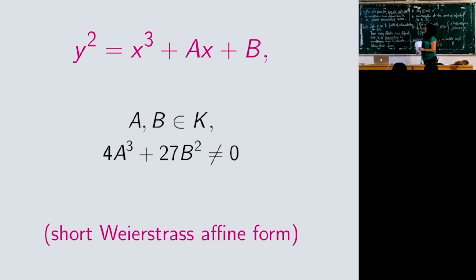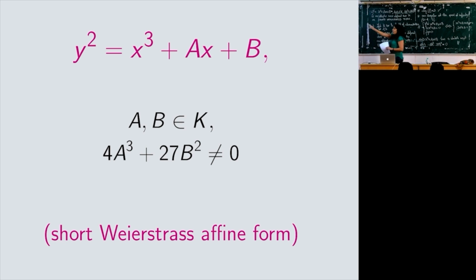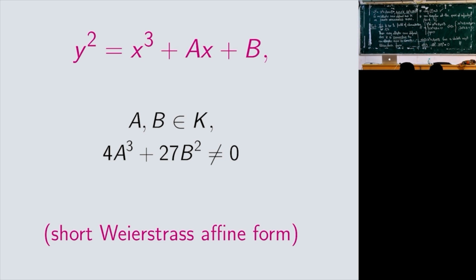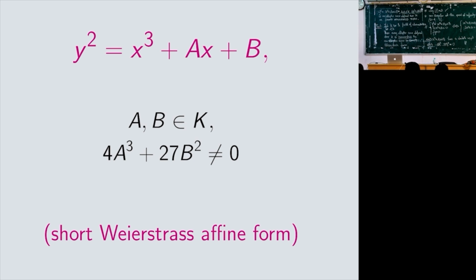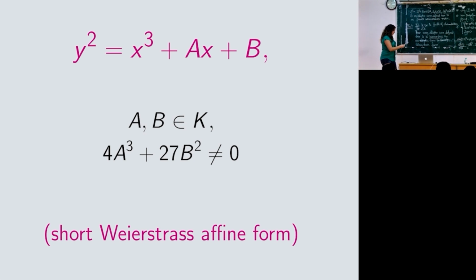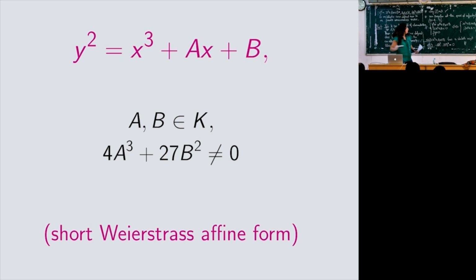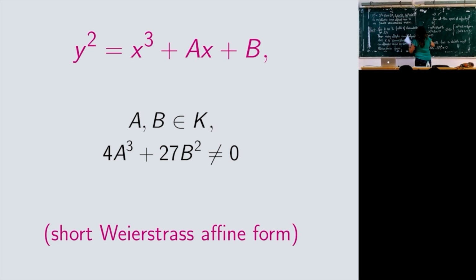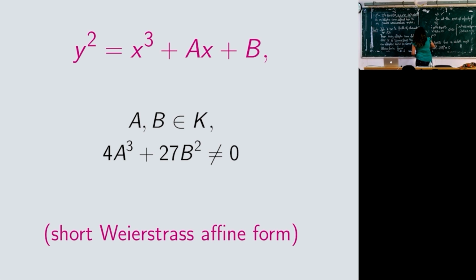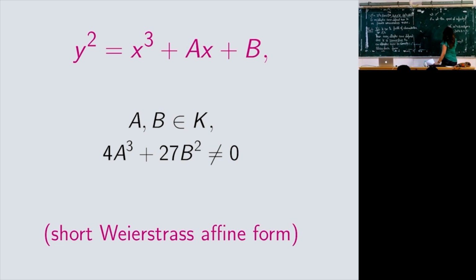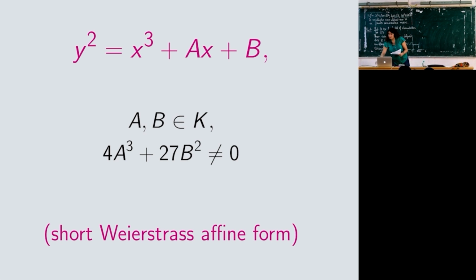Now we will make the point that this curve has the points that satisfy this equation plus a distinguished point, which is the point at infinity, okay? So our curve E will be something like this.